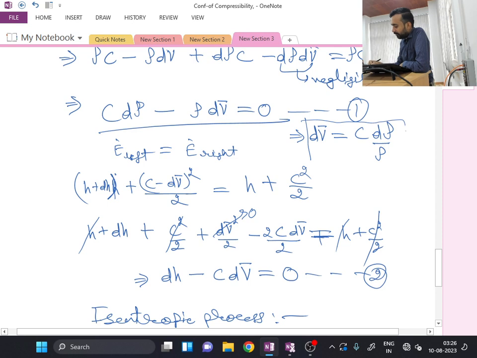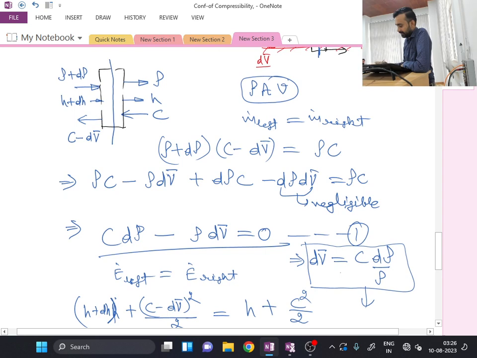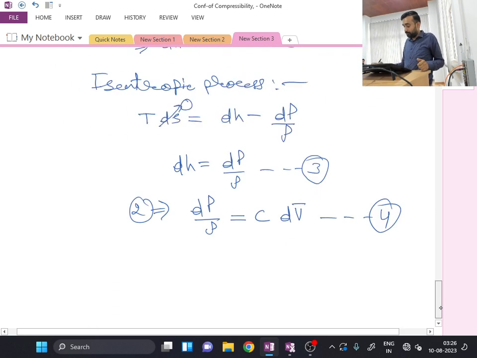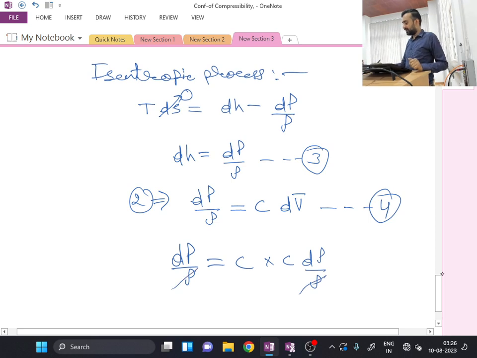So this value of dV bar from equation 1, I will now be substituting down. So dP by rho is nothing but equal to C times, in place of dV bar, C times d rho by rho. So rho is getting cancelled.